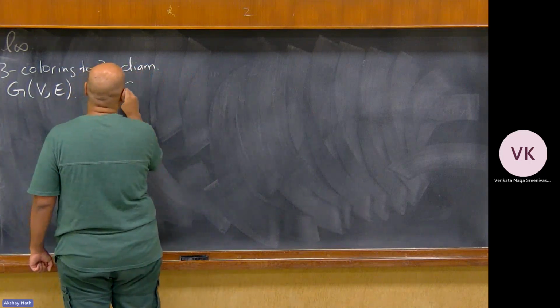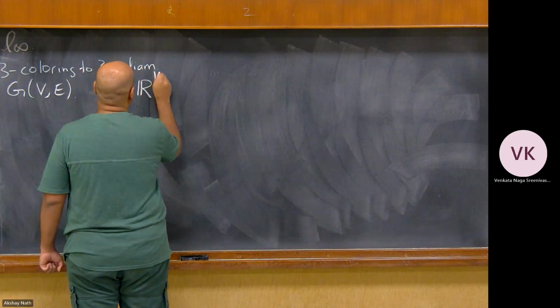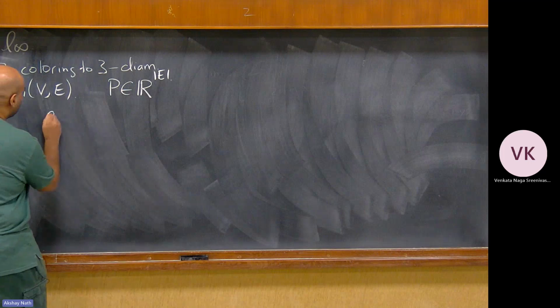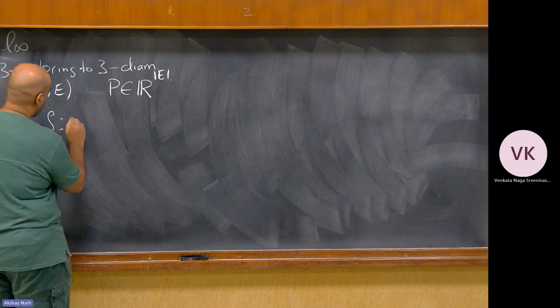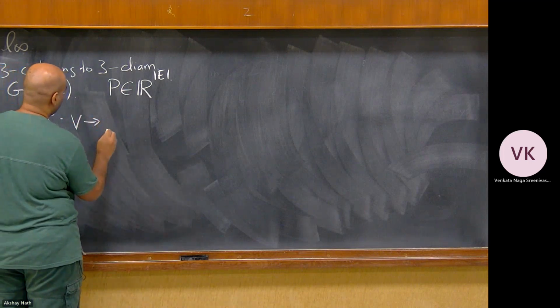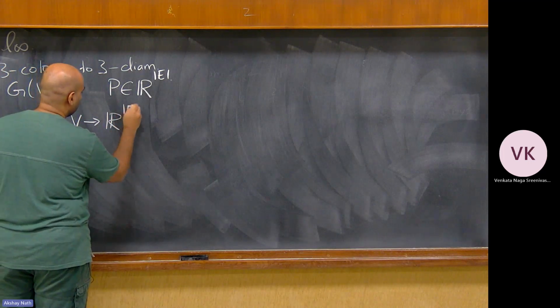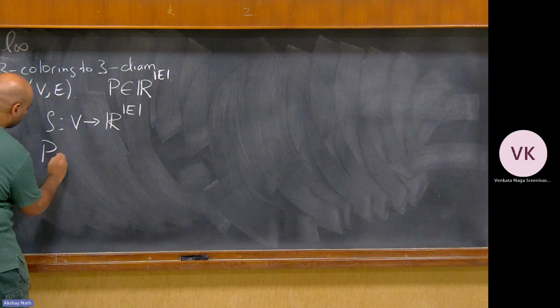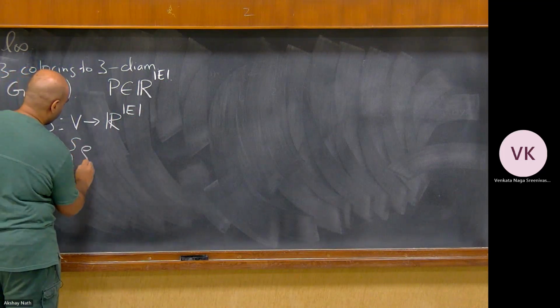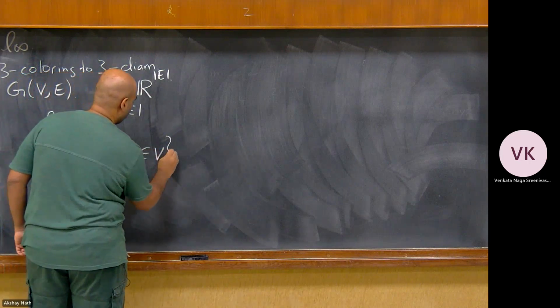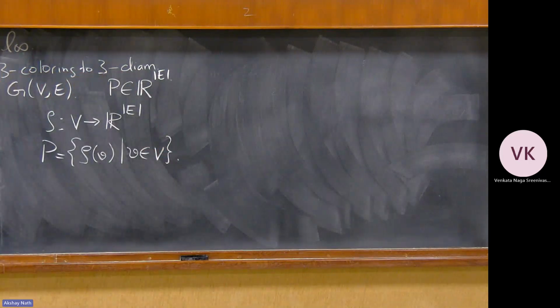And it's going to be in E dimensions, where E is the number of edges we have. So we build a map rho from V to R^E. P is just the image of V under rho.